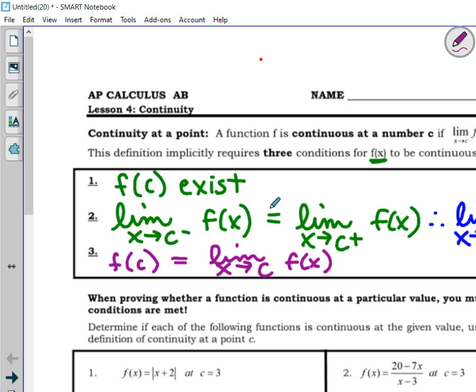This is a communication skill. This is a free response skill. It's partially about the concept of continuity, but it's also about communicating about continuity.